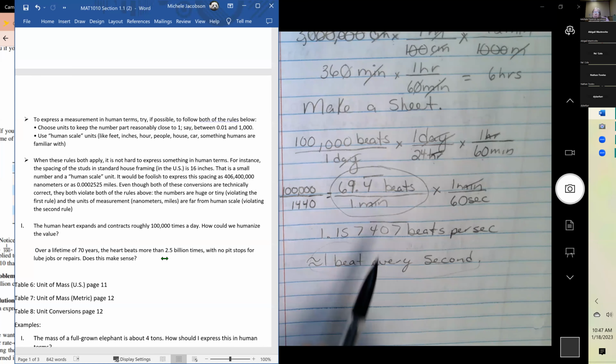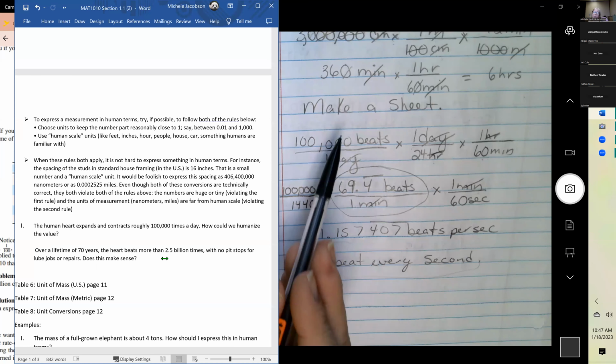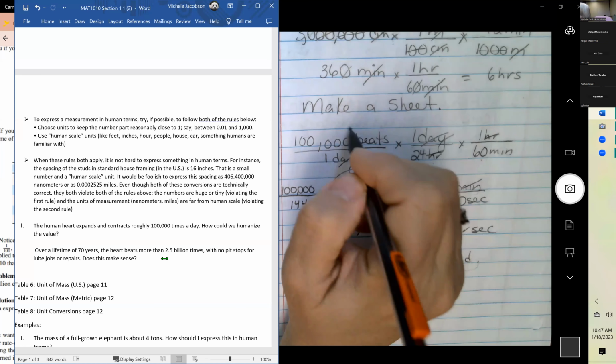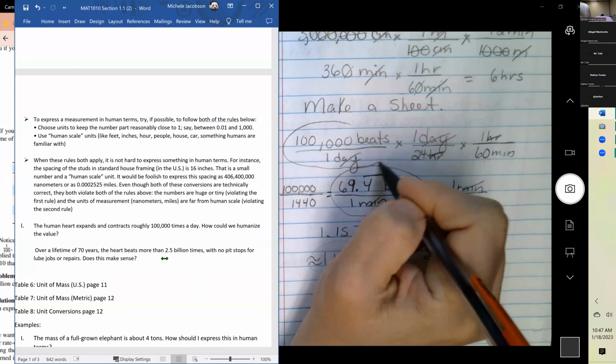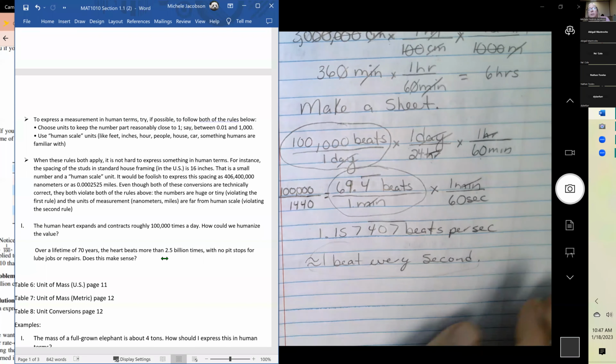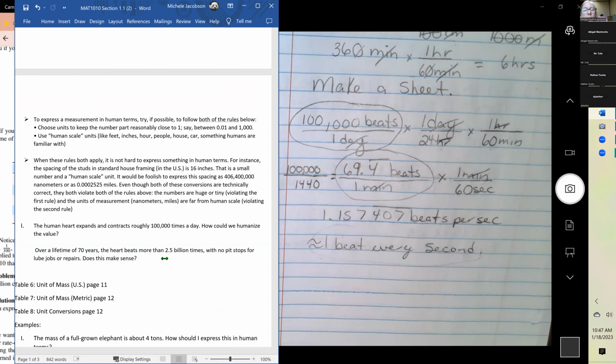Well, we could start with this and then work back, or we could start with this and go to years. It's up to you. It sounds right. It does. It sounds pretty close.